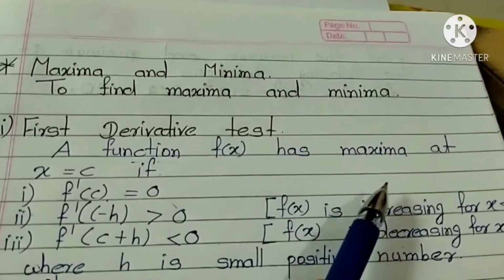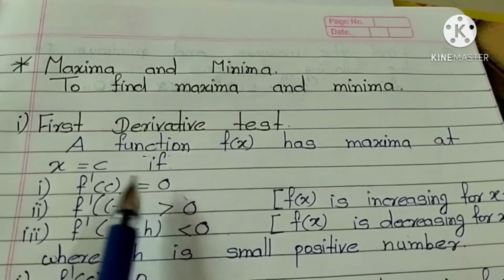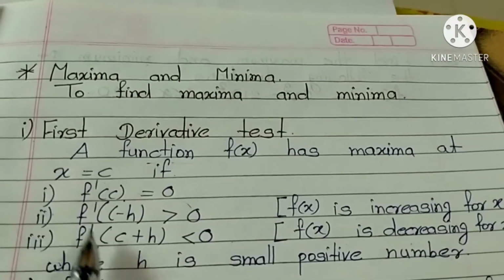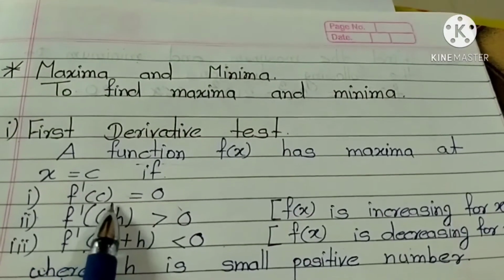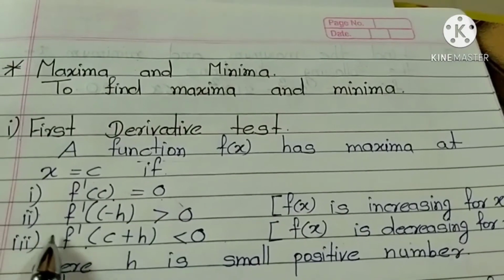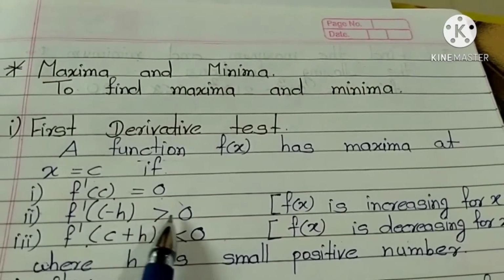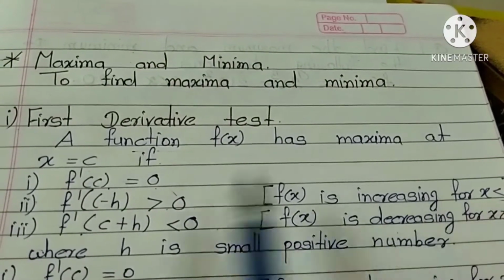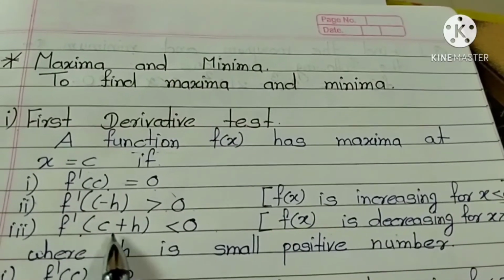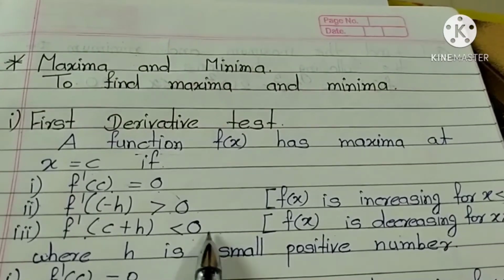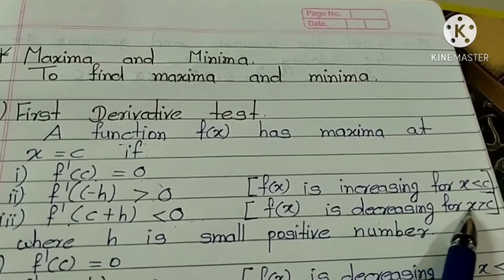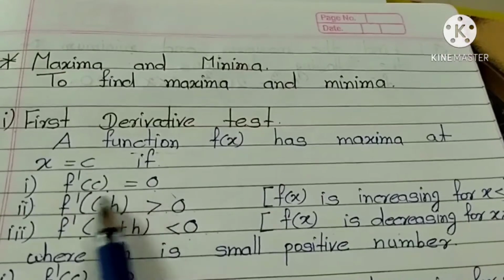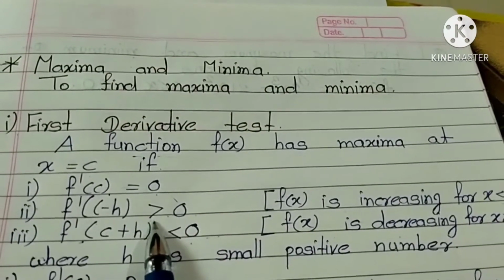A function f of x has maxima at x equal to c if these three conditions are satisfied. First condition, f dash of c is equal to 0. Second, f dash of c minus h is greater than 0, where f of x is increasing for x less than c. Third, f dash of c plus h is less than 0, where f of x is decreasing for x greater than c, and this h is a small positive number.